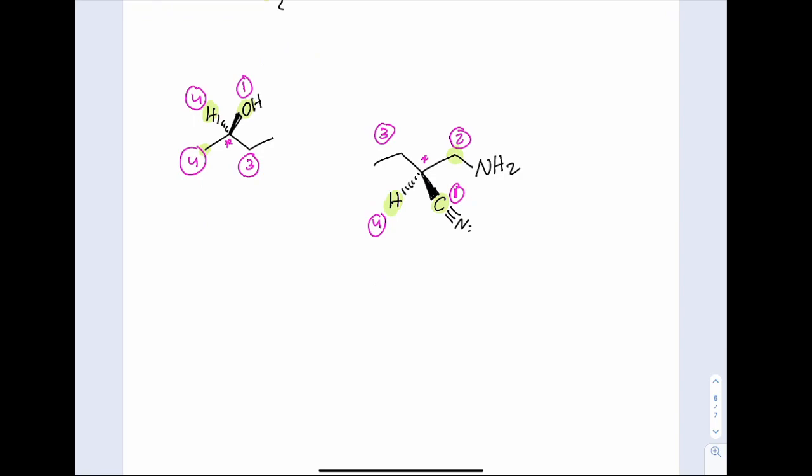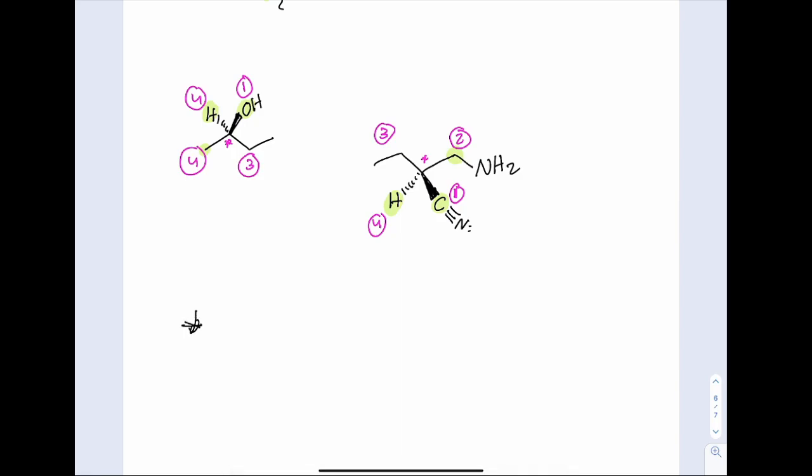So now that we know how to assign priority, this is where we're going to look at their orientation. What we're going to do is make sure that our lowest priority group is tilted back. If it's not tilted back, then we need to somehow rotate or tilt our molecule to make it that way.